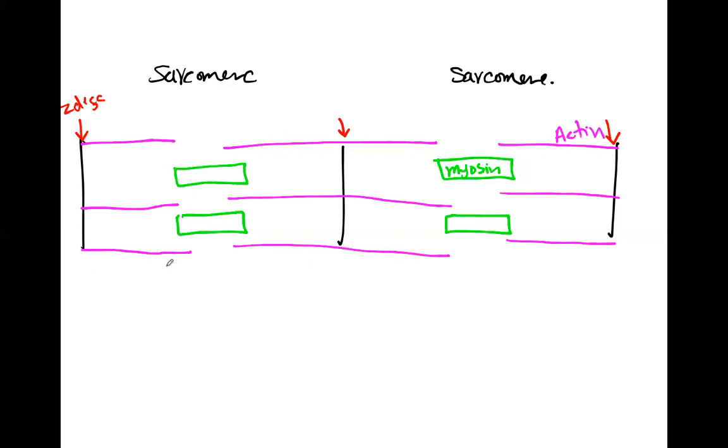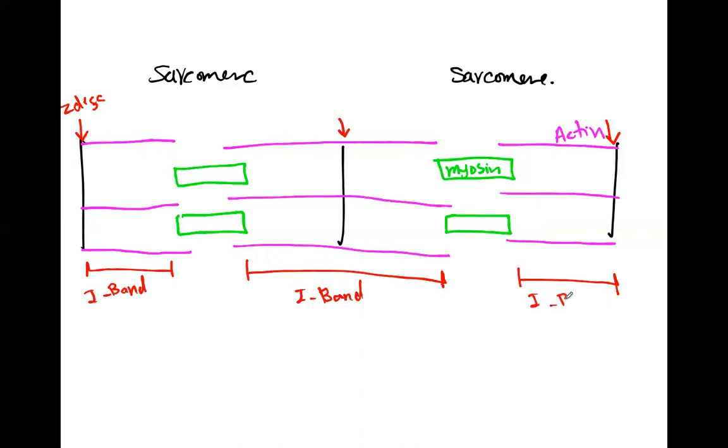Regions where I only have actin, so from here to here, from here all the way to here, and from here to here, these regions are called the I band. And again, these are only and only actin, or my thin filament.